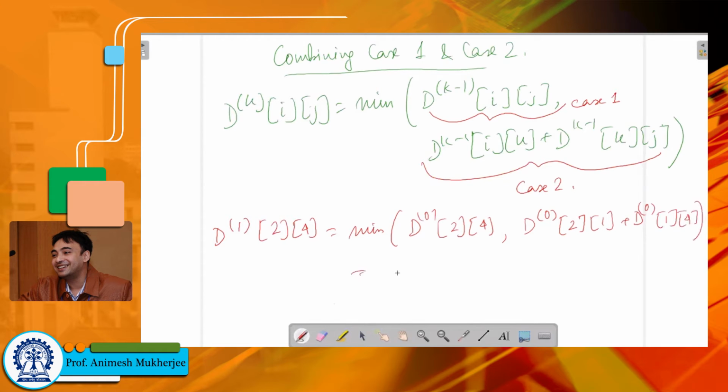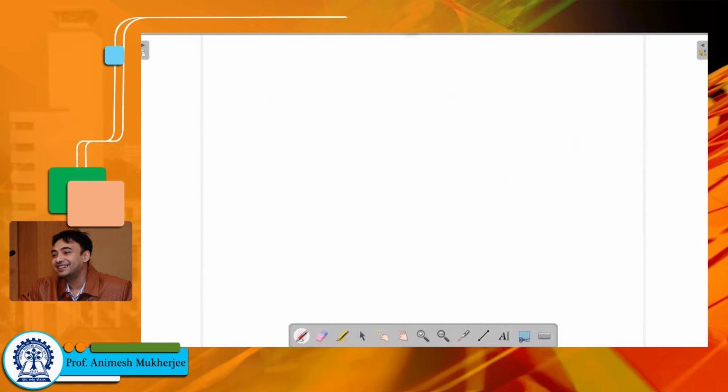This is the minimum of 2 comma 9 plus 1, which is 2. In this way you can keep computing for every individual cell of the D matrix. Now once you have this D matrix, it's kind of child's play to obtain the length of the shortest distance between any pair of vertices.